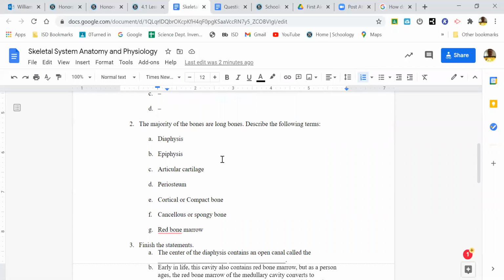So the majority of the bones are long bones. These terms describe the anatomy of a long bone. Your diaphysis is your central shaft. Your epiphysis is the wide ends.